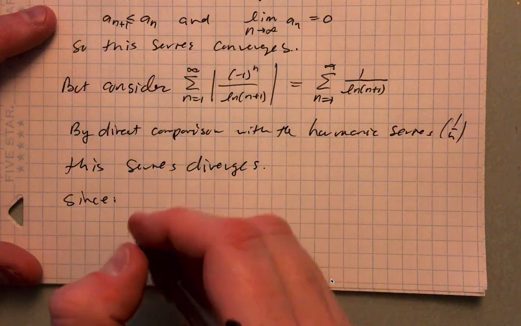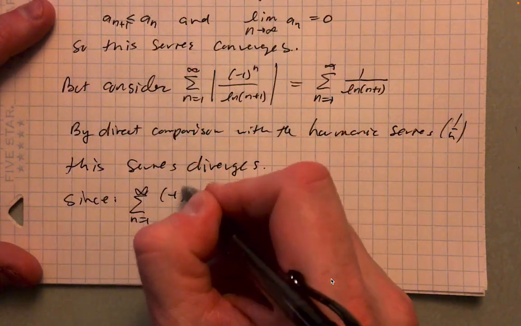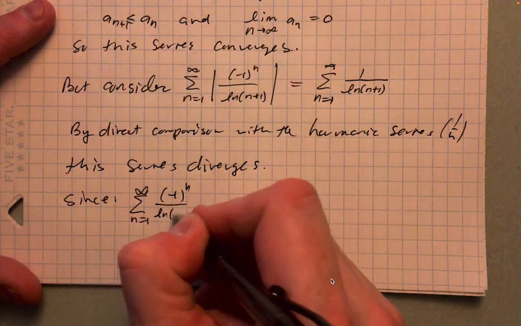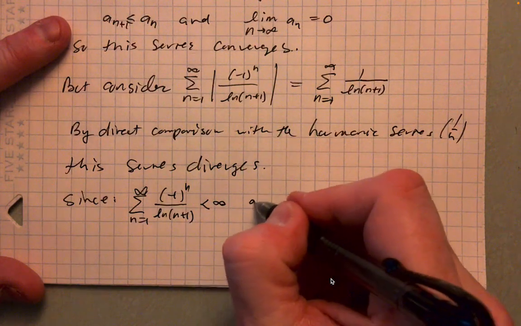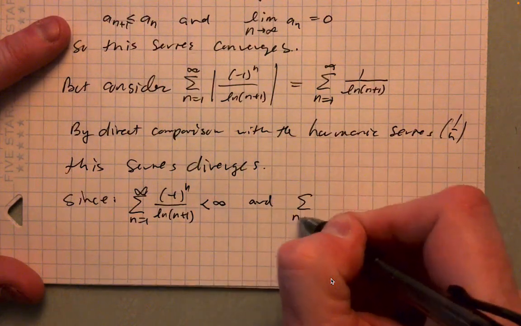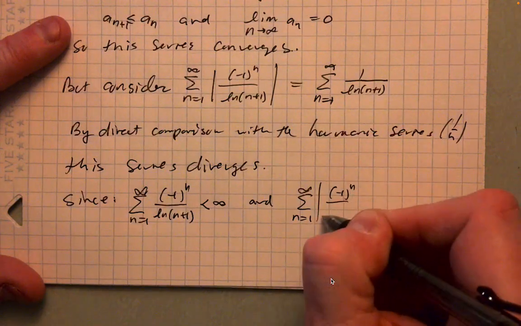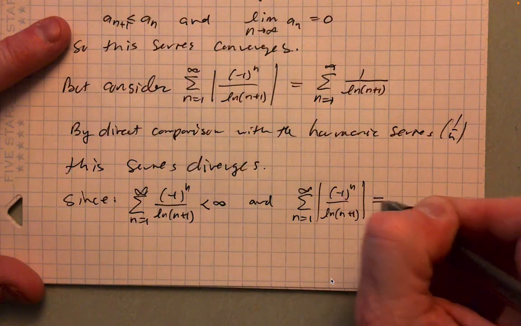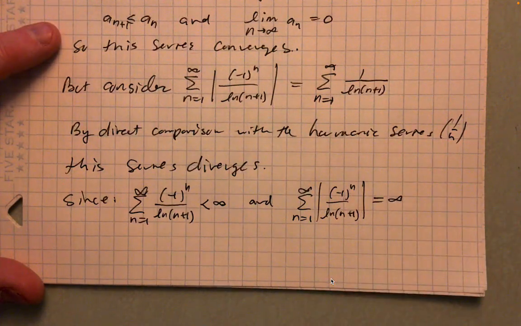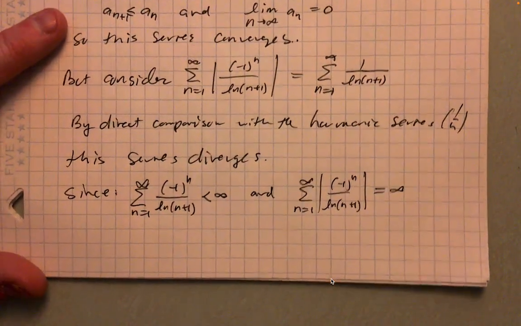Since the original series converges and the absolute value of the series diverges, the original series is called conditionally convergent.